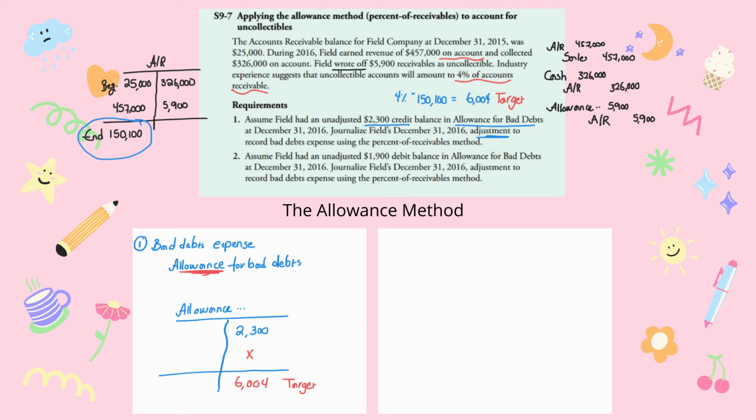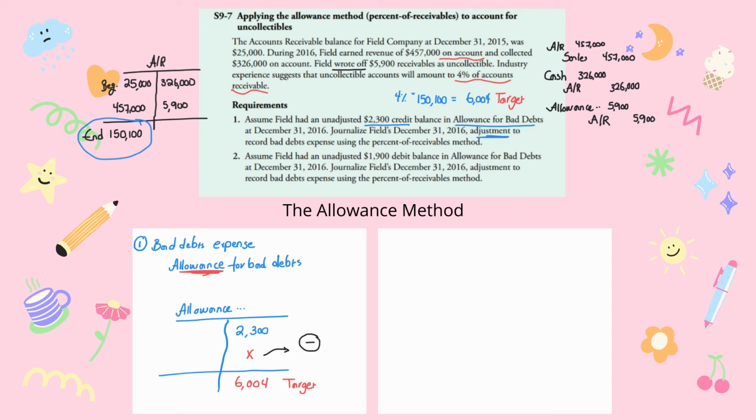Now if you want to solve for X, shall you subtract or add? Since the balance is on the credit side, it means that the credit side was greater than the debit side. So we have 2,300 plus X equals 6,004. So to solve for X, I need to subtract.